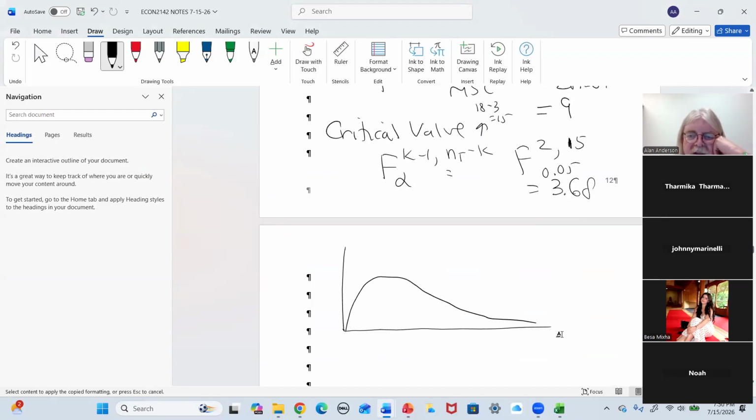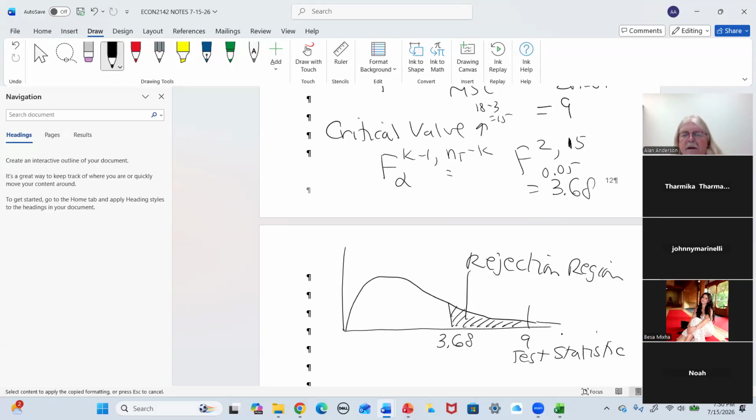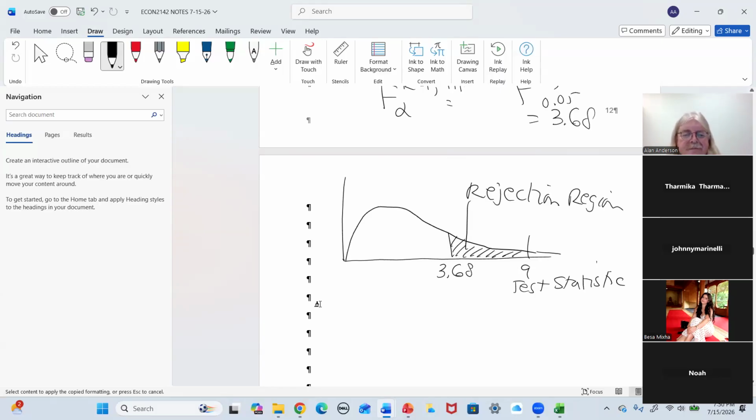So our critical values here. But that test statistic, that's pretty large for the F distribution. So you can see that, of course, the test statistic is in the rejection region.